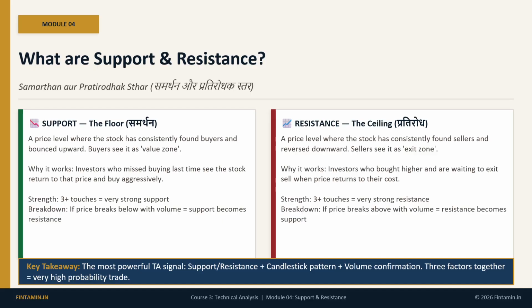Multiply this by thousands of market participants and you get a support level that becomes a self-fulfilling prophecy. The strength of a support or resistance level is determined by how many times price has respected it and how much volume was present at those touches. Three or more touches with high volume equals a very strong level.